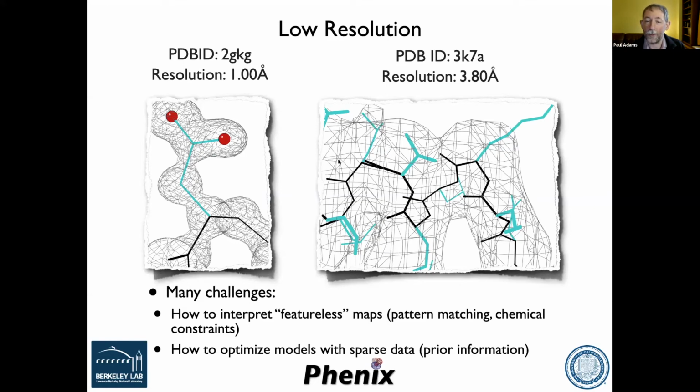Figuring out what this actually is, if this is an alpha helix, can be challenging. So for both crystallography and cryo-electron microscopy, we have this problem at lower resolution of how to interpret these maps. And this is one of the things that Tom will talk about today. And then how to make models that make sense. And that's one of the things that we'll talk about tomorrow in terms of refinement and validation.